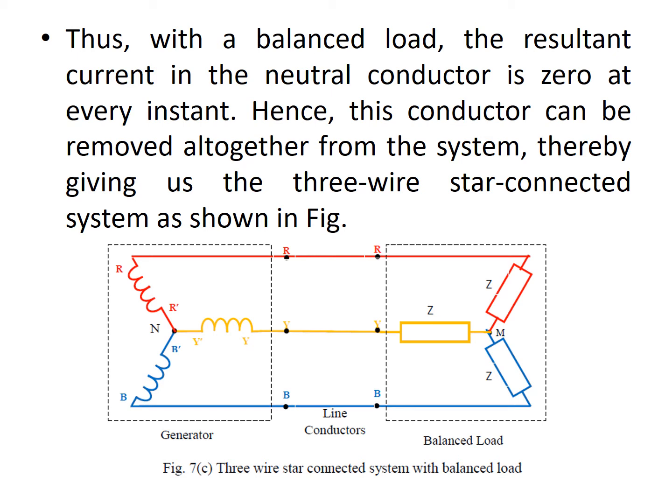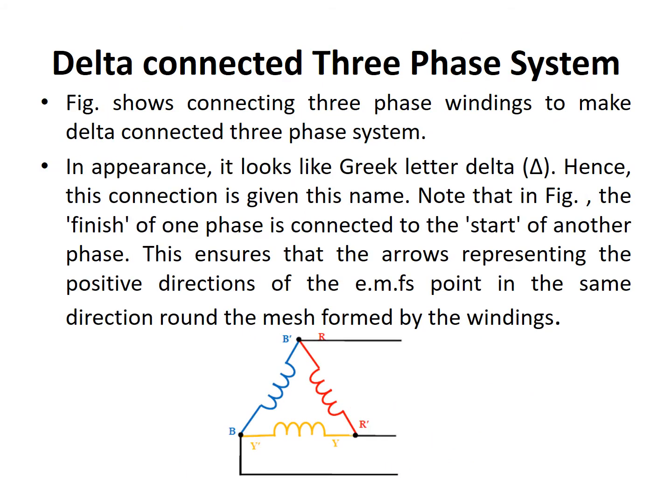The voltage available across the coils is called phase voltage, and the voltage available between the lines, for example between the R and Y lines, is VRY, the line voltage. Between Y and B it is also a line voltage. So line voltage is the voltage measured between any two lines, and phase voltage is the voltage available across a single winding.